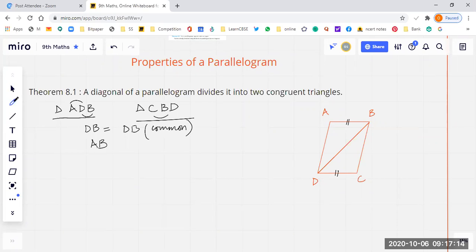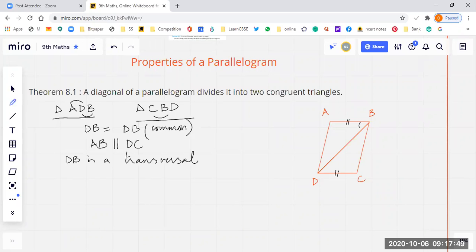At the same time, AB is parallel to DC. Students, if AB is parallel to DC, I can say that DB is a transversal, which is cutting the two line segments AB and DC at B and D. So since AB is parallel to DC, the transversal DB is cutting them.